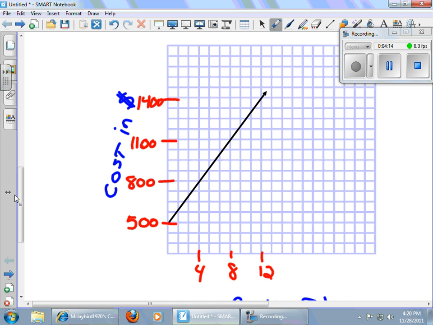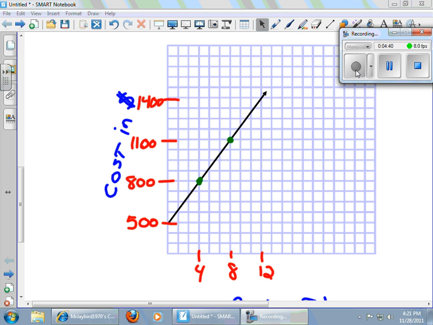I'm going to find 2 points on my graph. Look at that. 4 credits costs him $800. Okay. And then 8 credits is going to cost him $1,100. Okay. So I chose those 2 points because they're relatively close to each other.